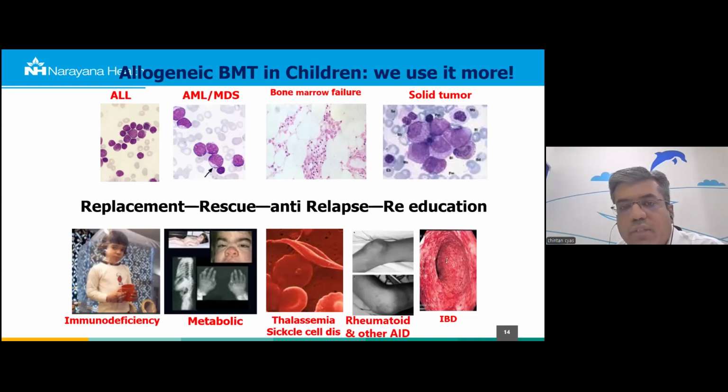Other conditions which are not related to cancer are primary immunodeficiencies, metabolic syndromes, thalassemia and sickle cell disease, and autoimmune disease. So these are the broad indications of transplant in the pediatric population. The commonest indication in the malignancy setting is leukemias, and in the non-malignant, benign disorders, it is thalassemia and sickle cell disease.